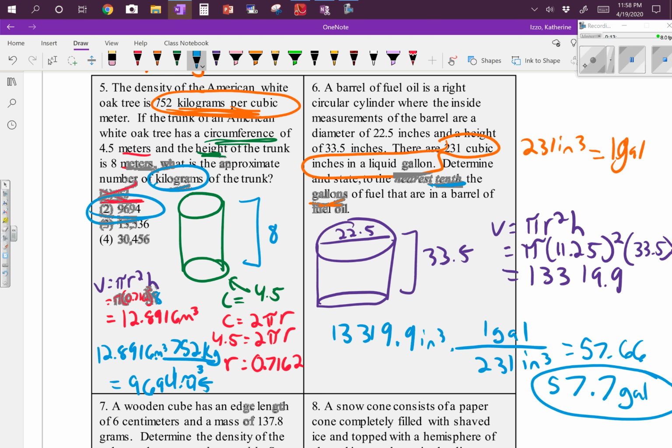Just be very careful with those conversions, because for all of the other conversions we've just been multiplying, but for this one you divide. You have to be very careful with what goes on top versus what goes on bottom. Inches cubed is what we have, so inches cubed needs to go on bottom.